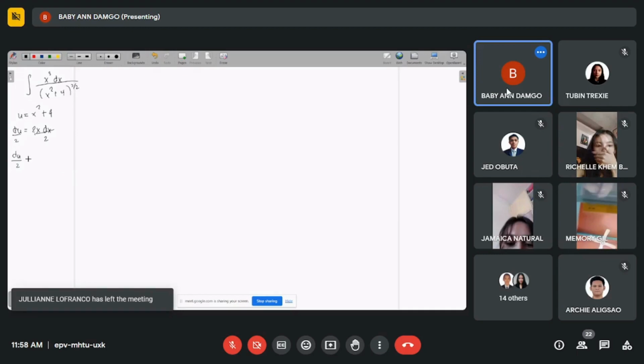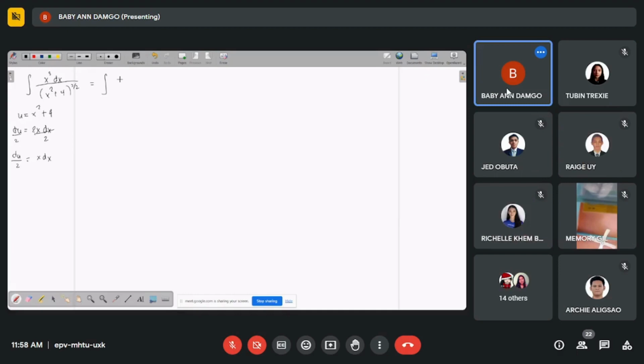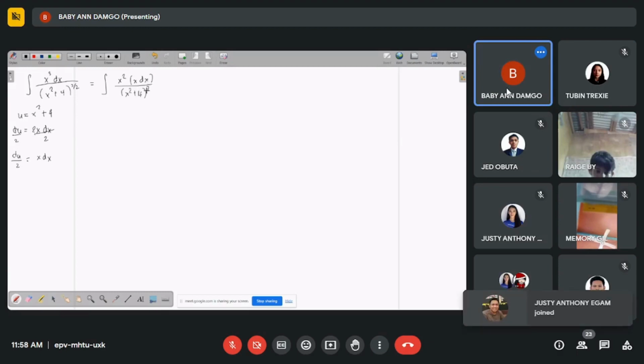Okay? So natin nakabilin no? Na x squared times x dx all over (x squared plus 4) to the power of 3 halves. Which, ang x squared is, pwede natin makuha dito.